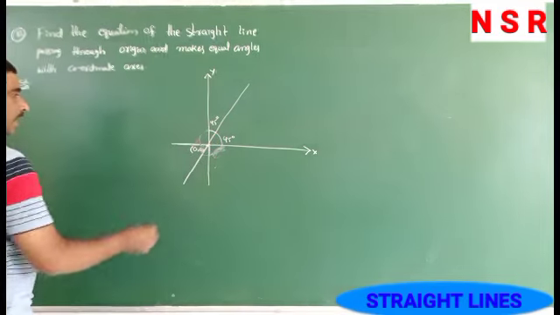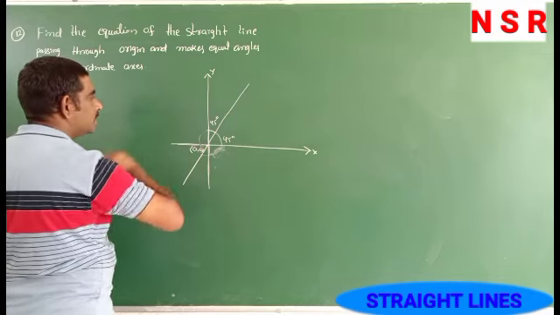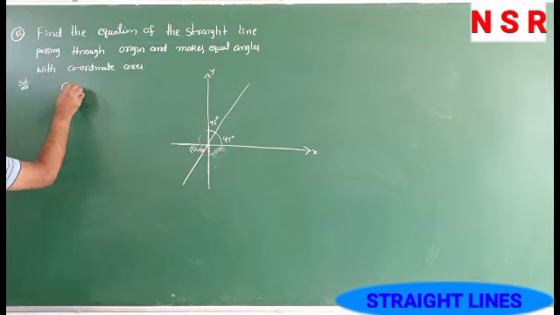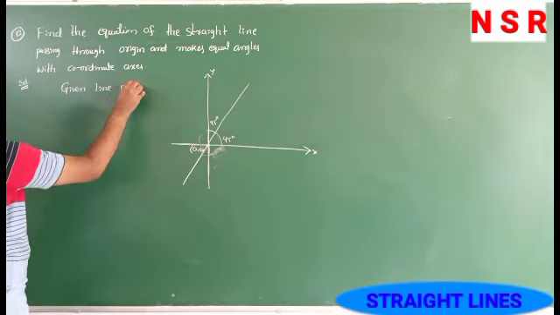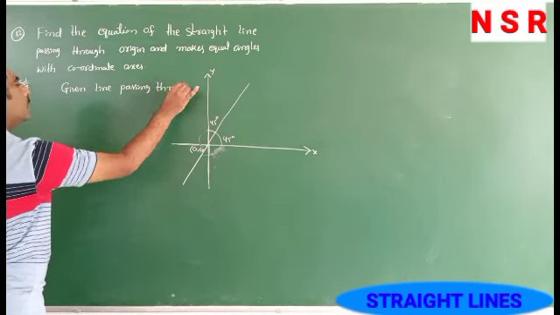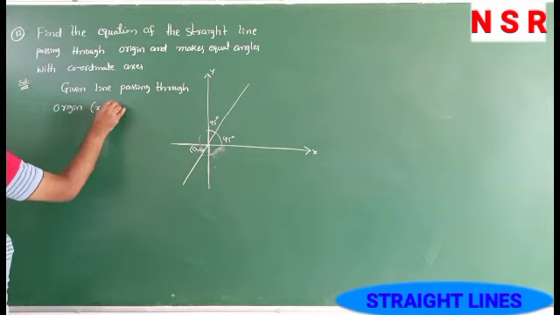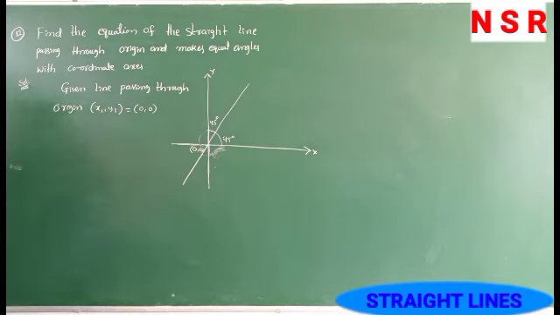So this line makes equal angles with the coordinate axes and passes through the origin. The given line passing through the origin means x1 comma y1 equal to 0 comma 0.